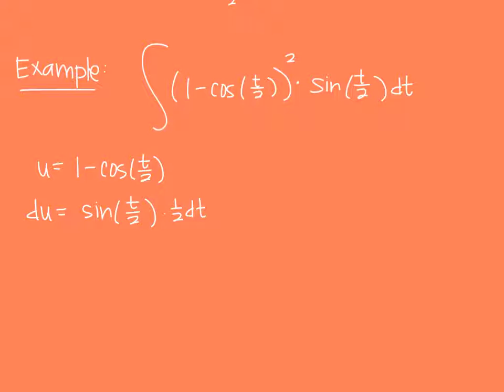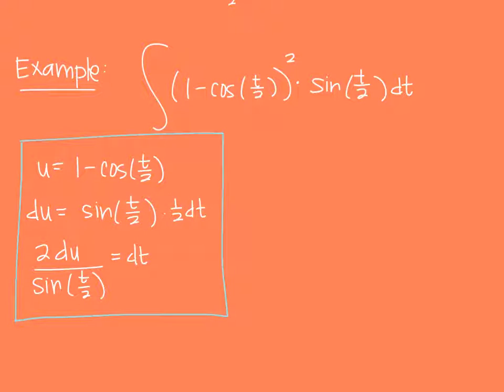And then we want to separate the dt from the rest of it. So I'll end up with a numerator that has 2 du and a denominator that's the sine of t over 2. So that is what's going to be used in my u substitution.